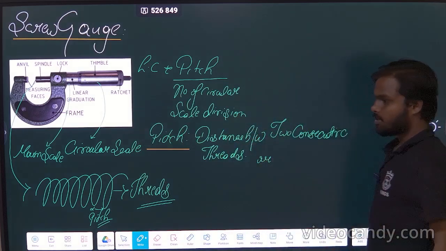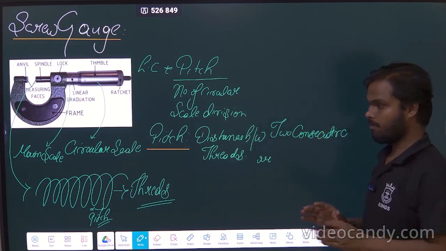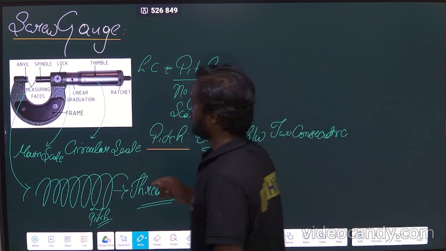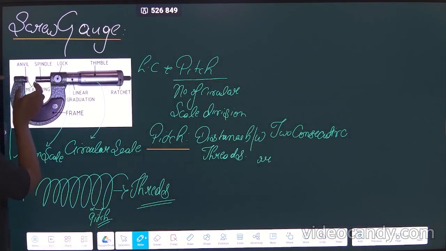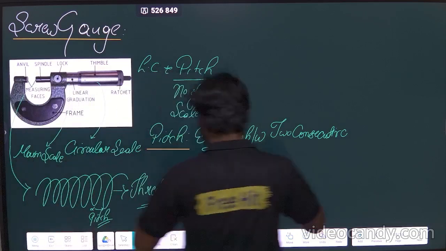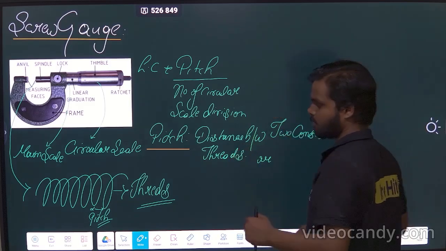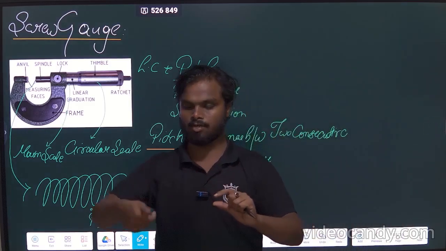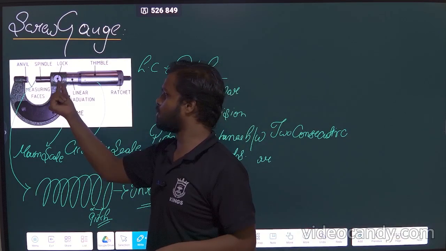Or the distance moved by the circular scale. Listen properly. The circular scale, or you can say the spindle, it is also called the screw, or you can say the distance moved by the screw in one rotation. Suppose I did one rotation. How much distance is moved by this spindle or screw?